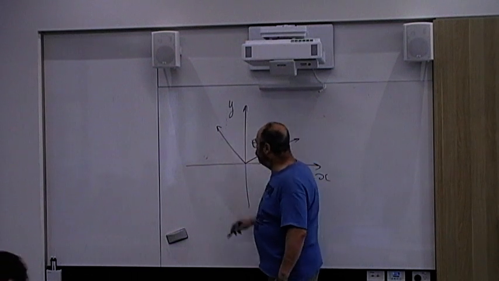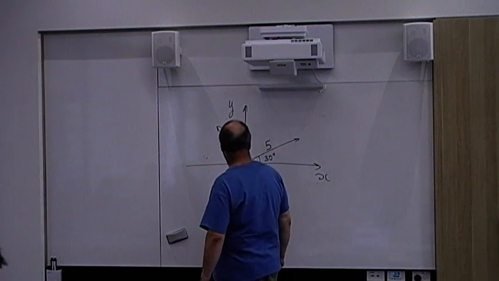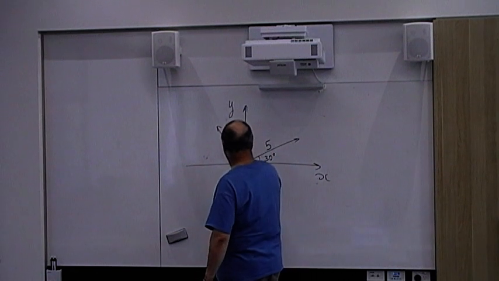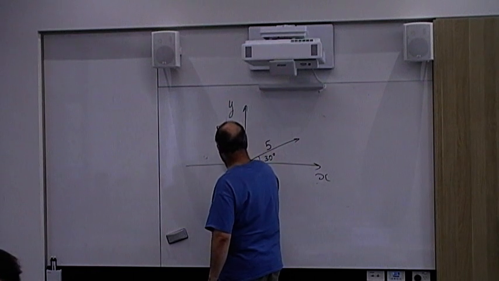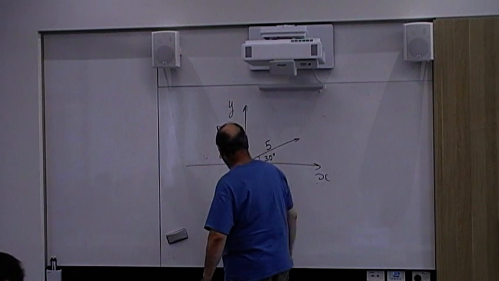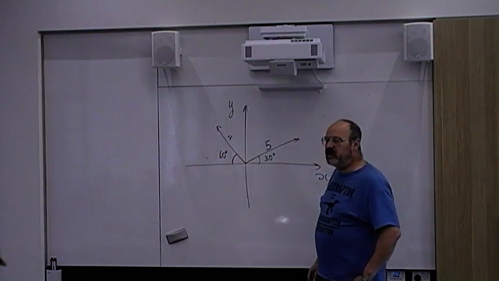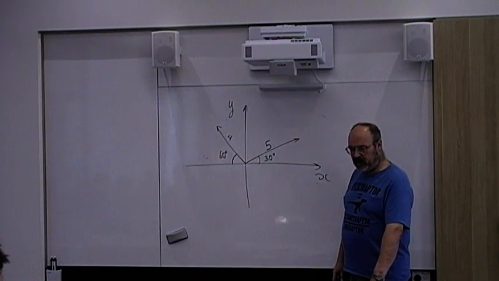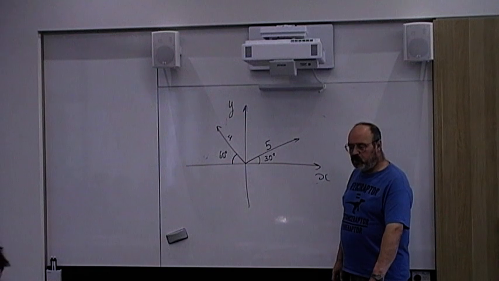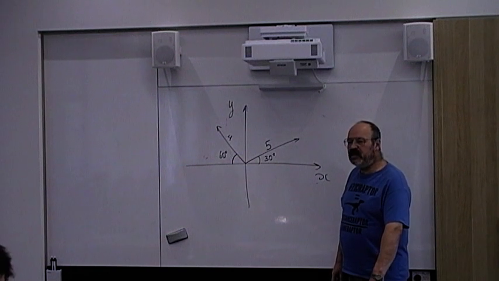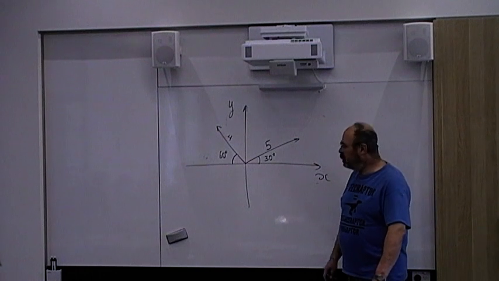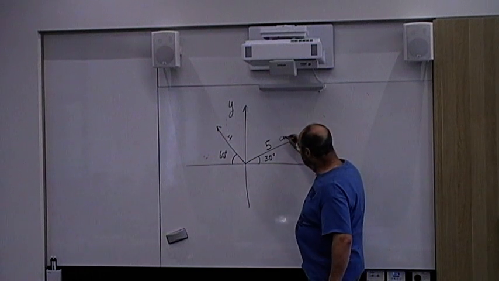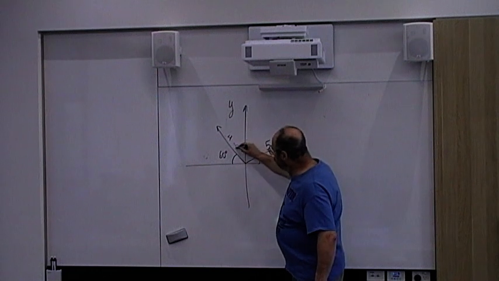And we have this vector with a length, let's say, 4, and this angle will be 60 degrees. Let's find the sum of those vectors. To do this in physics, we find the resolution of both vectors. So this is vector A, this is vector B.